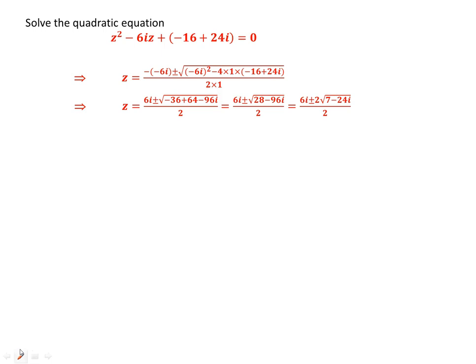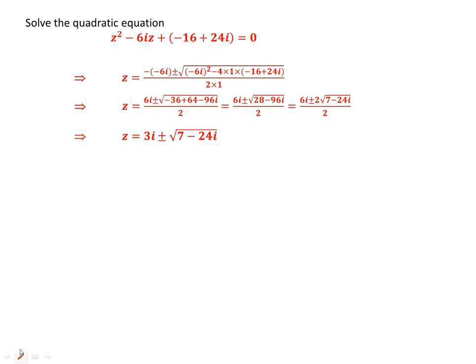So our quadratic equation formula gives us that z is 6i plus or minus 2 times the square root of 7 minus 24i, all divided by 2. If we do the division through by 2, that simplifies down to the fact that z is 3i plus or minus the square root of 7 minus 24i.